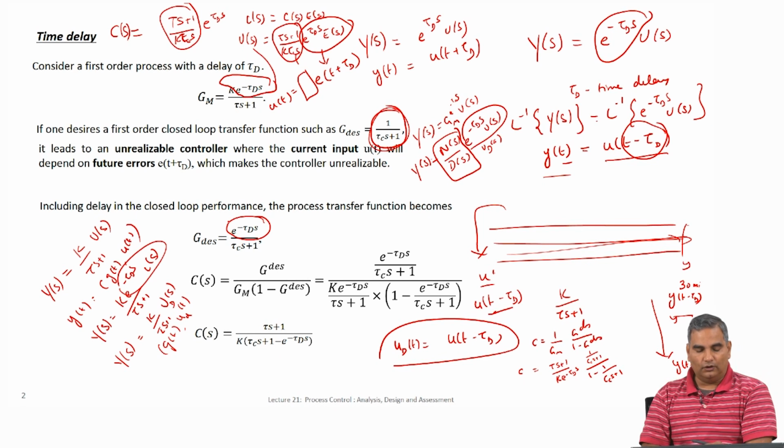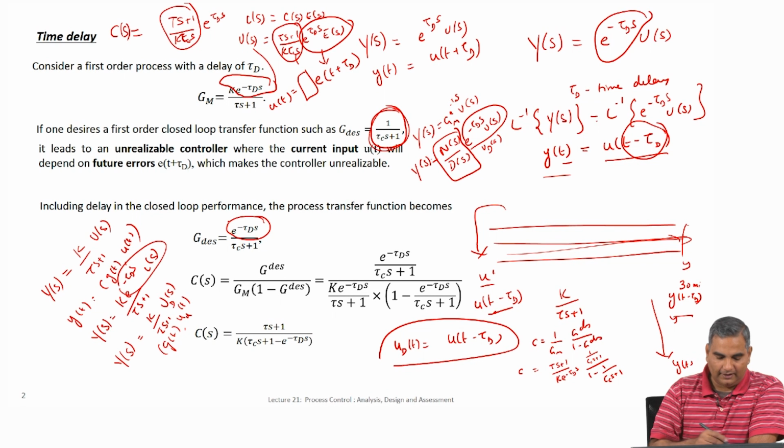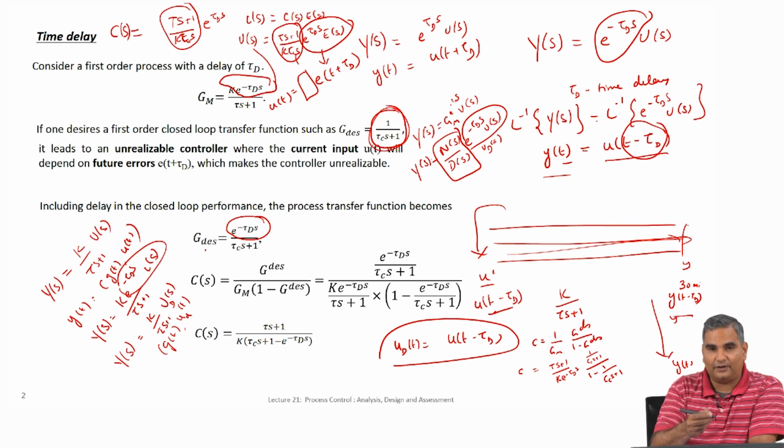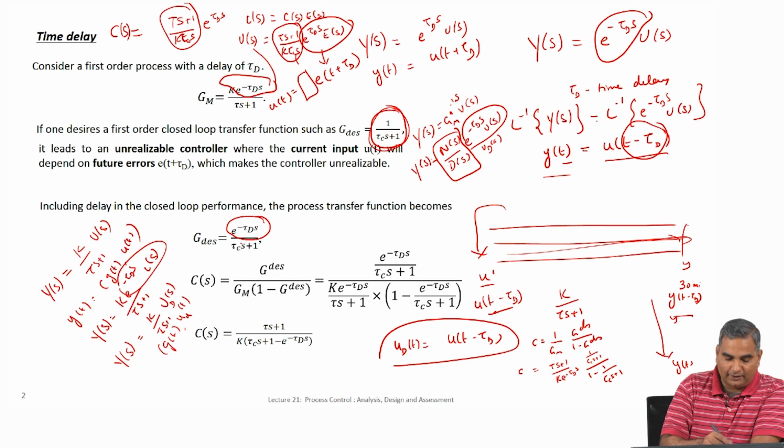Okay. So, once we do that, then I have a g desired equal to e power minus tau d s over tau c s plus 1, and just like how I explained in the inverse response behavior, by looking at this itself we can say this g desired itself is a time delay system, right. So, we are deliberately introducing a time delay in the desired to counteract the time delay of the process. So, again remember that this is basically a model of the process.